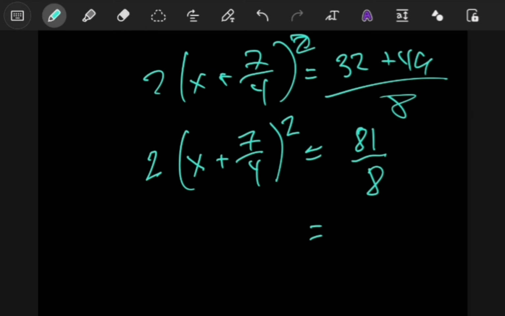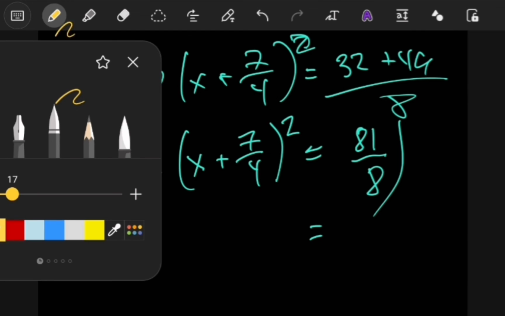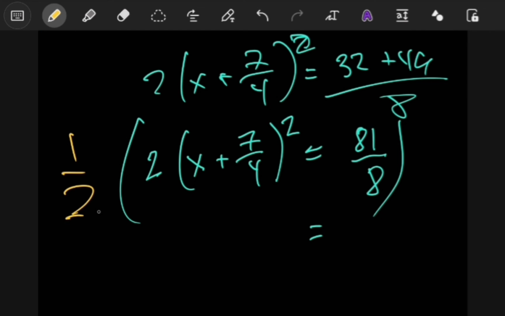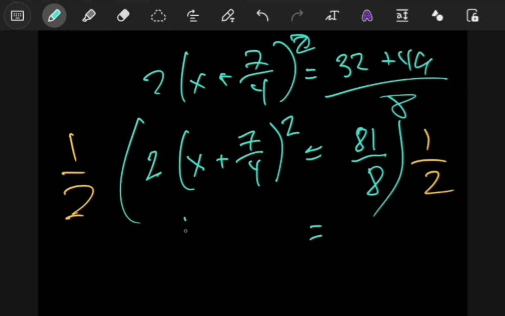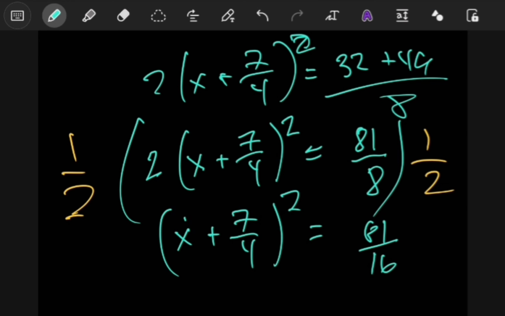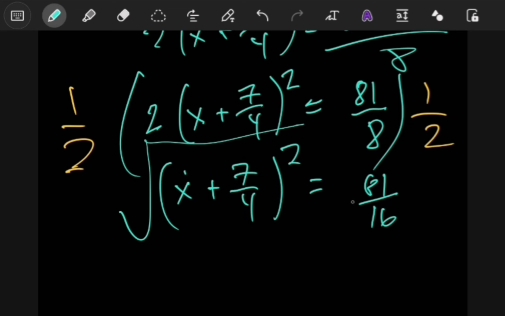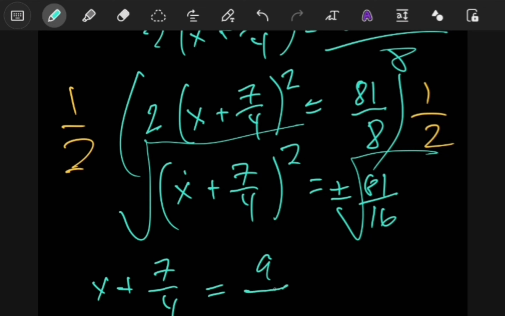And then we're going to divide both sides by 2. And we have x plus 7 fourths squared equals 81 over 16. Now we're going to square root both sides. And we have x plus 7 fourths equals 9 over 4. I just forgot the positive or negative sign.